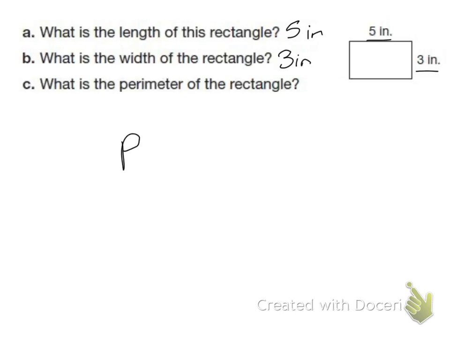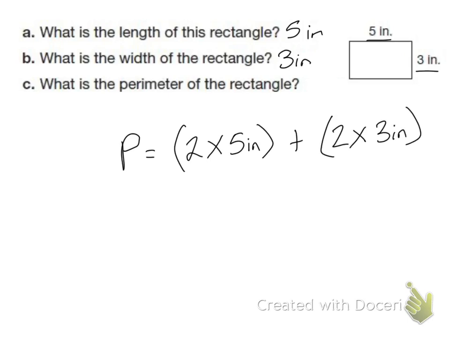So remember, the perimeter equals 2 times the length, which is 5 inches, plus 2 times the width, which is 3 inches. 2 times 5 inches is 10 inches. 2 times 3 inches is 6 inches. 10 inches plus 6 inches equals 16 inches.